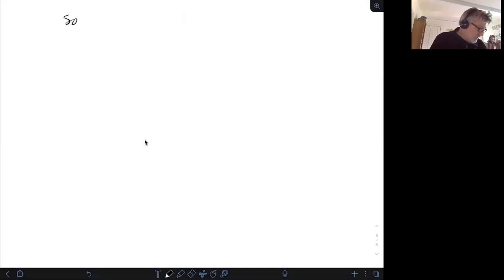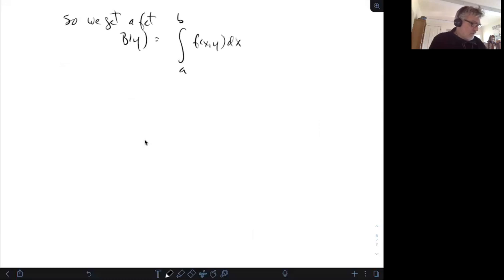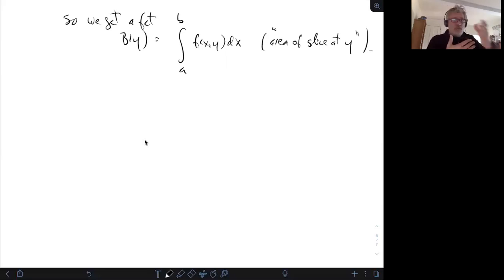So we get a function b of y. What is it? It's the area under f when you slice at y, the area of the slice at y. And what I'd like to do is to add up these slices. So I'm going to take all possible values of y between c and d and add them up. What does it mean? It means integrate.